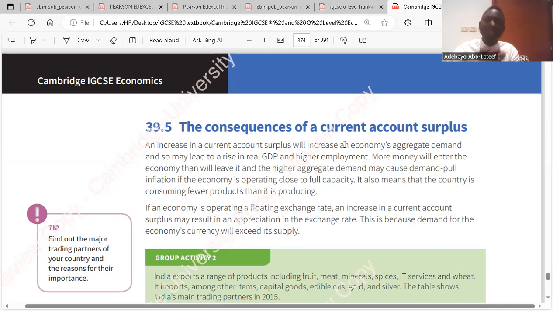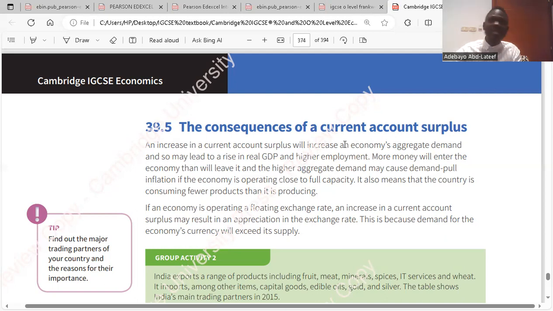It will increase the GDP, the real GDP. It will increase employment opportunity. But the problems are, one, a high importation rate, because especially if the country is already at its full capacity and the demand is increasing, that means the country is doing more imports. Two, the country will have currency appreciation, which is good to some extent.